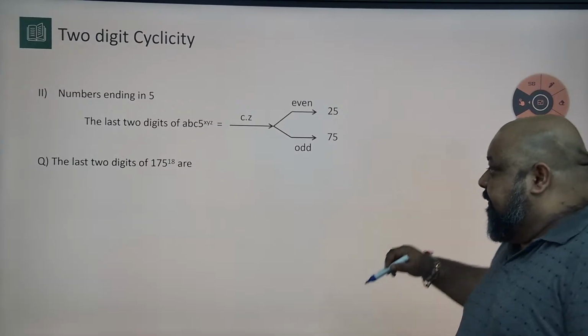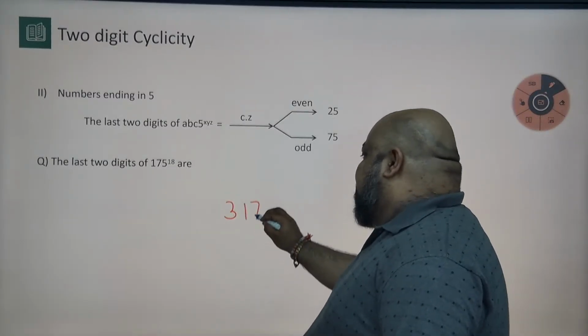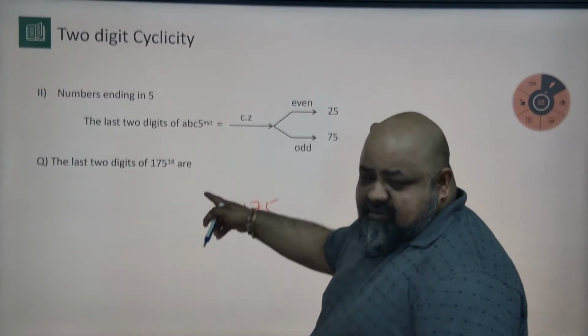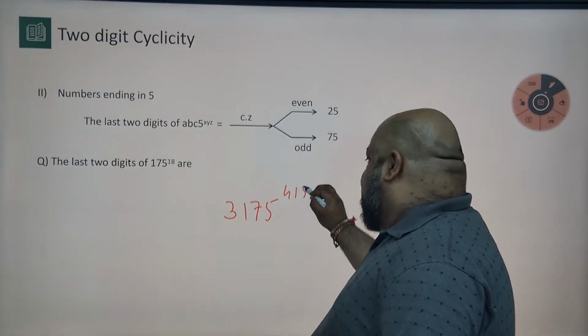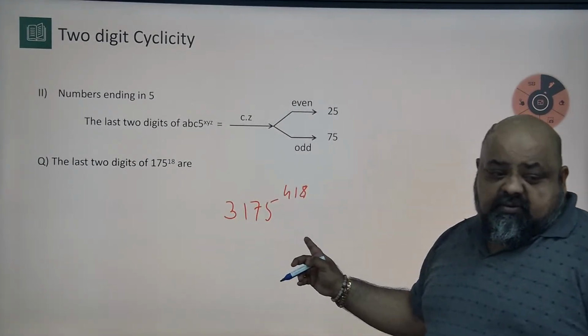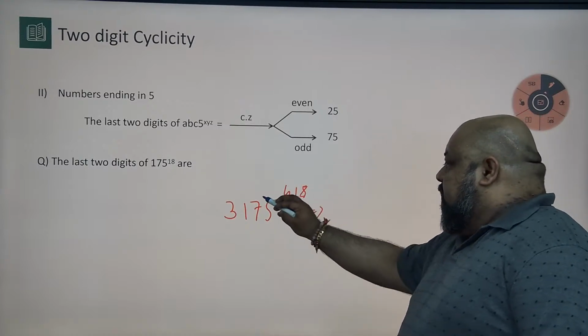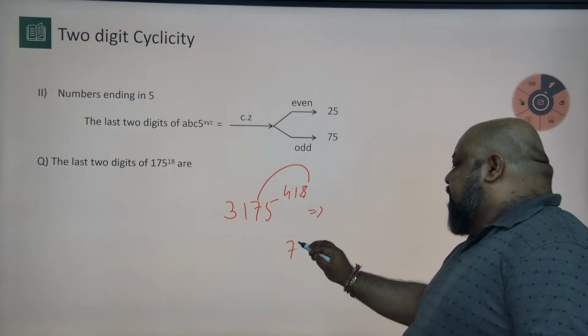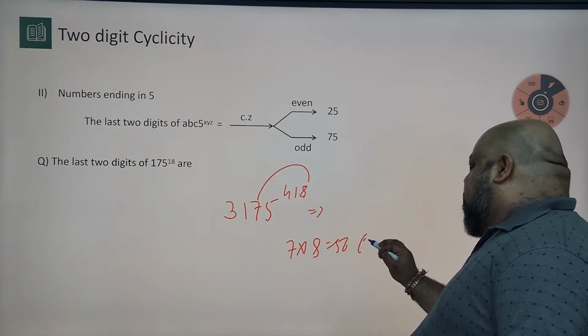For example, 3175 raised to power 418. I'm adding extra numbers here. Number ends in 5. I have to find the last two digits. 7 into 8, 56. 56 is even.